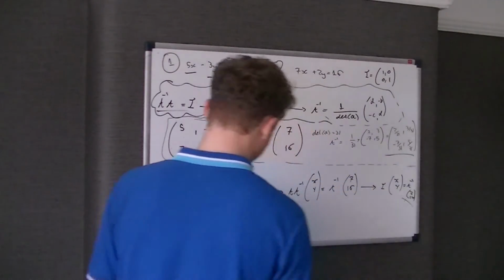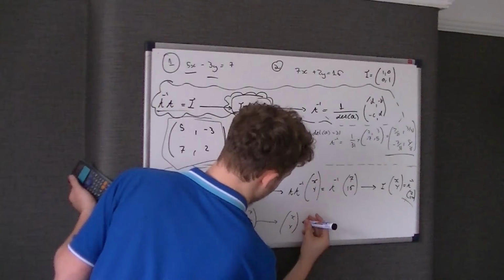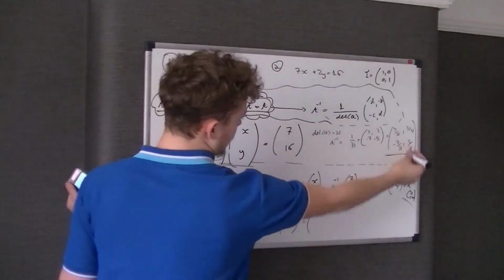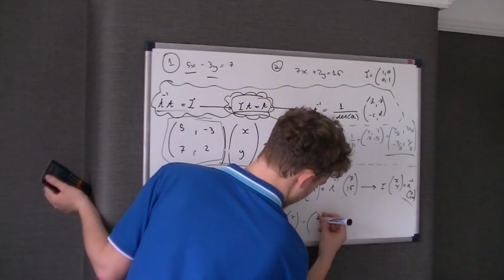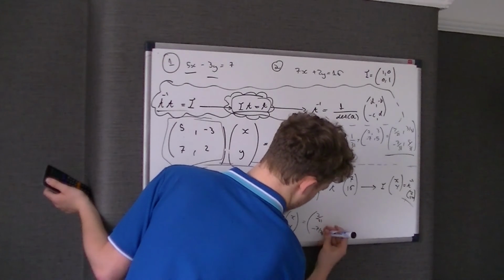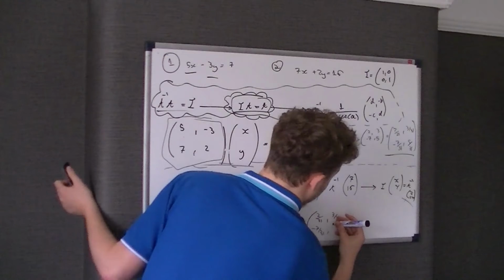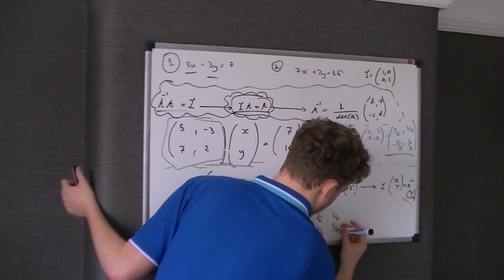Okay, so xy is equal to, and we've just worked out the inverse matrix of A, which is 2 over 31, minus 7 over 31, 3 over 31 and 5 over 31.